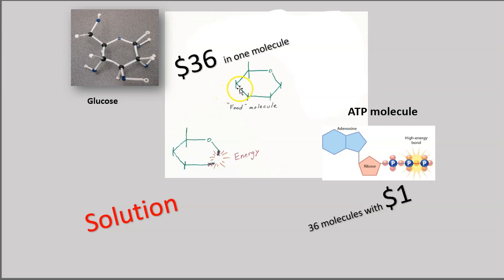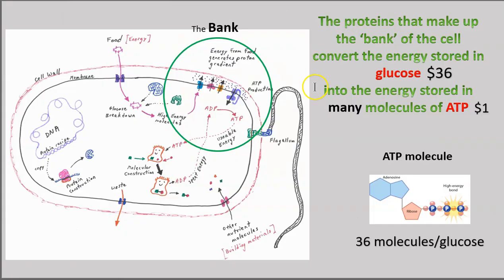Again, if glucose has $36 of energy, that bond right there has $1 worth of energy. And that's exactly the amount of energy that lots of proteins need to perform their chemical reactions. So the proteins that make up the bank of the cell convert the energy stored in glucose, $36, into the energy stored in ATP. But it's many molecules of ATP, each having $1 worth of energy.